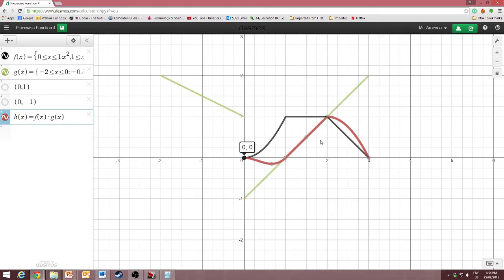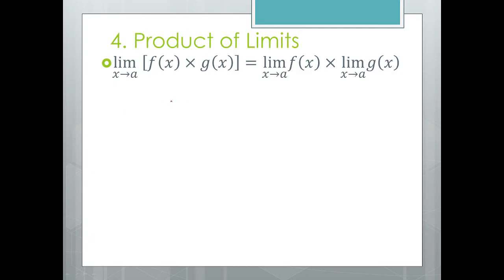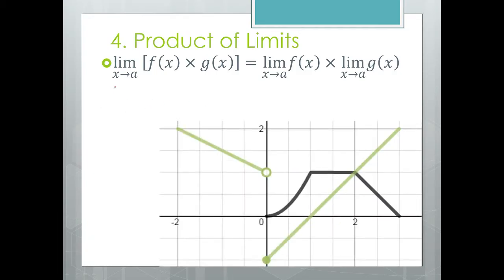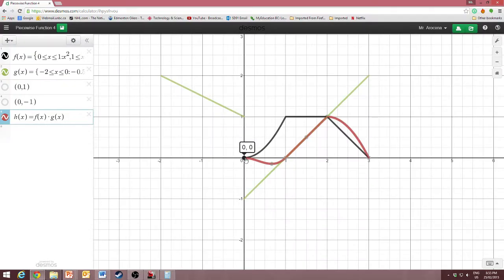Let's say I want to calculate the limit as x goes to 1 of f of x times g of x. According to our function, the red line, as I get closer and closer to x equals 1, it looks like I'm getting closer and closer to 0.